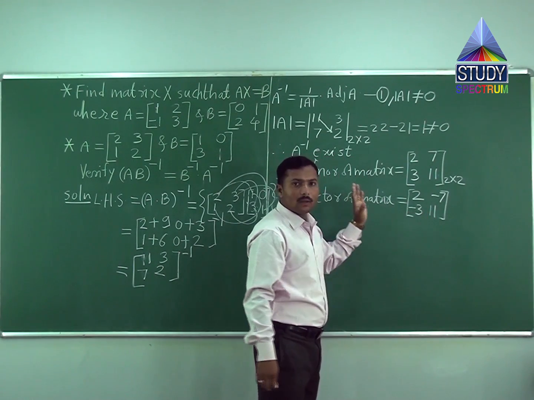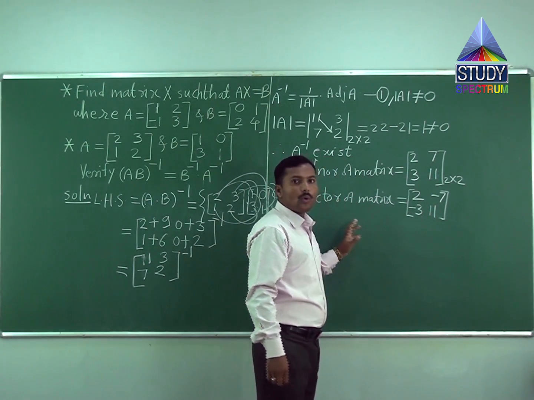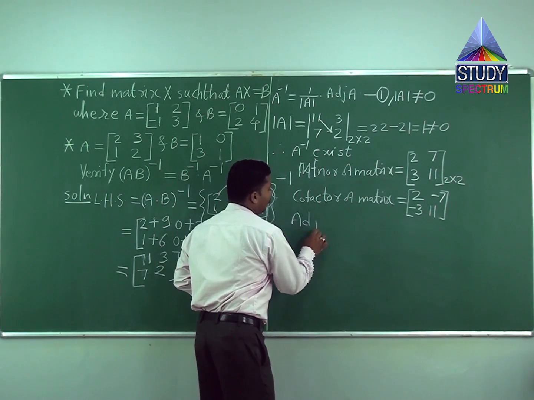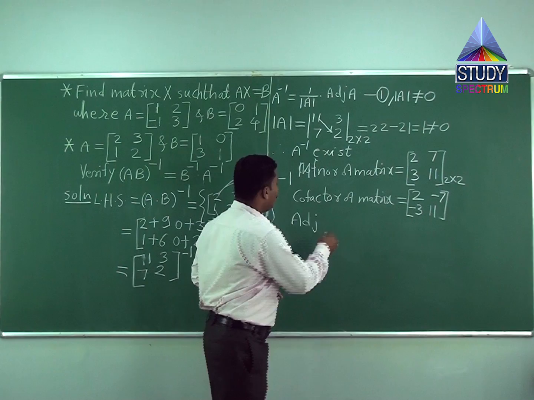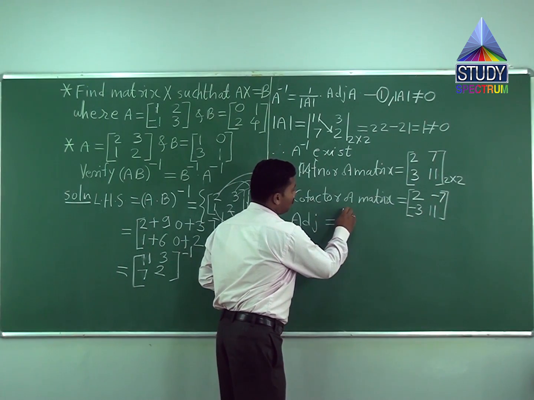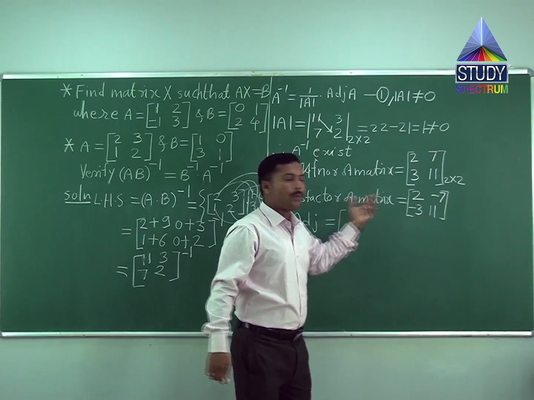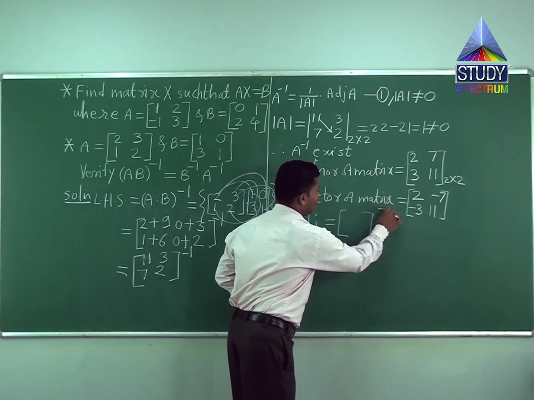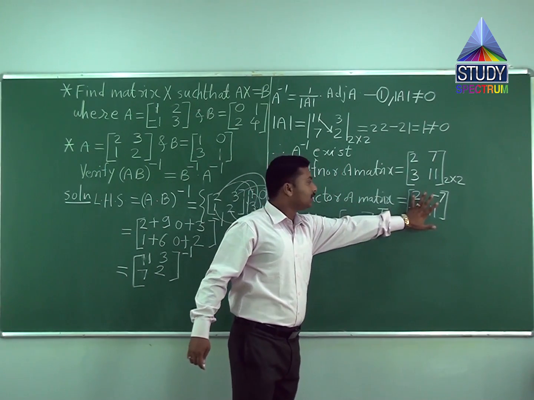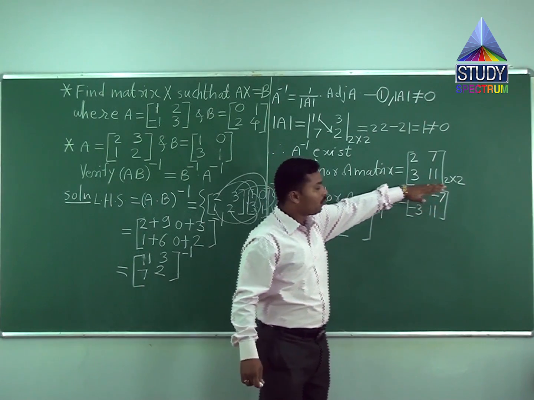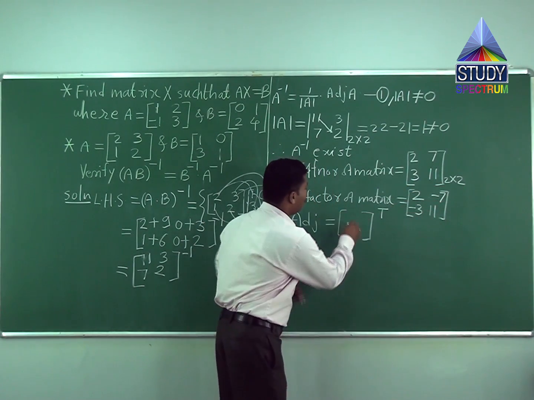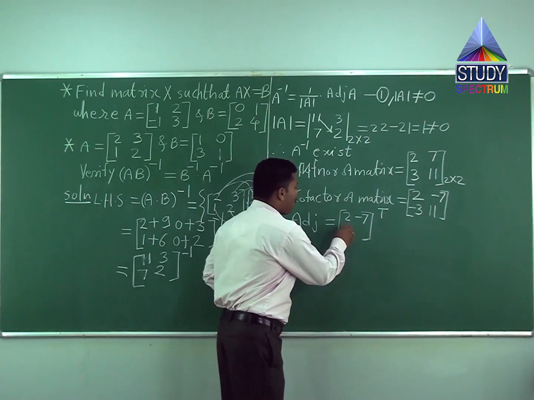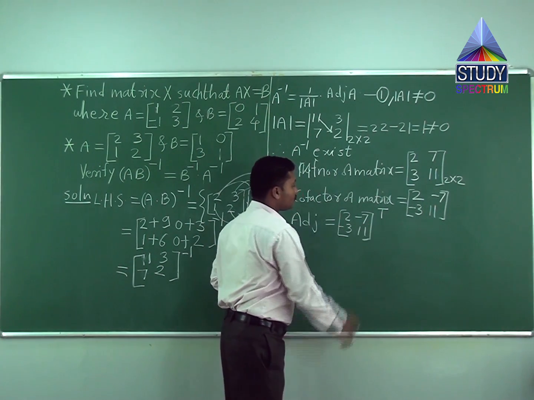So this is the cofactor of the matrix. So what is adjoint? Adjoint of this matrix equals the transpose of the cofactor of this matrix. So we take the transpose of this cofactor matrix. First row 2, minus 7, second row minus 3, 11.